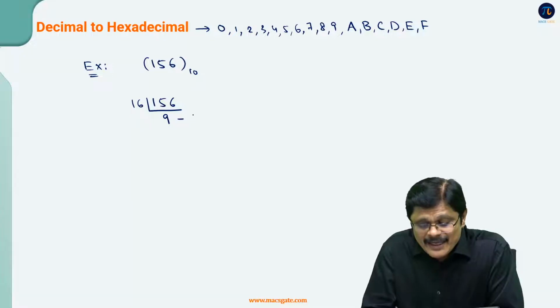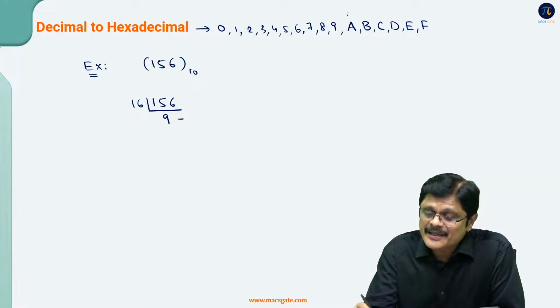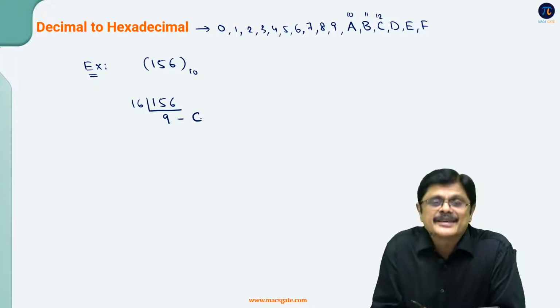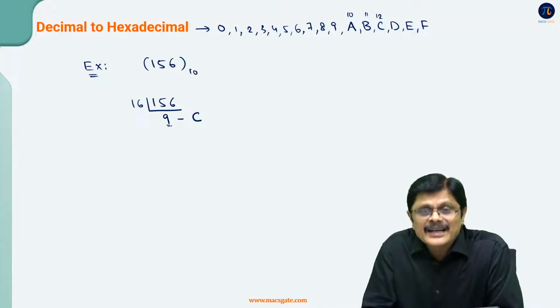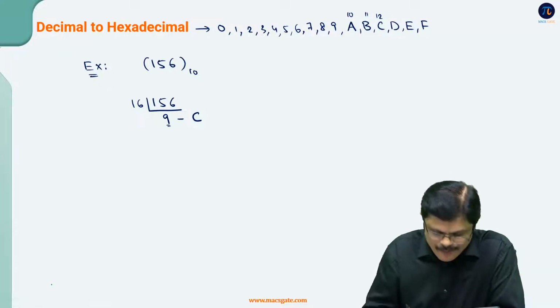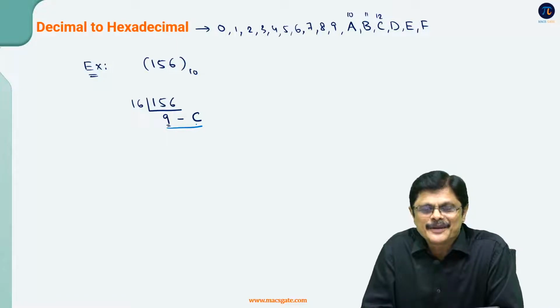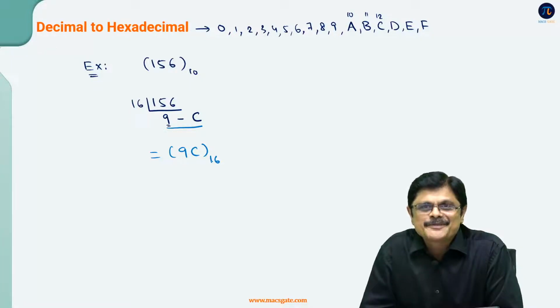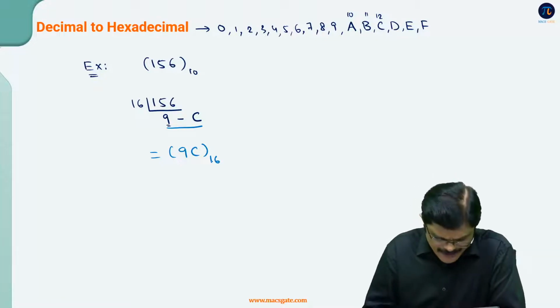This remainder 12 is C. It is already less than 16, so done. So, 9C is the number. The equivalent hexadecimal is 9C, my dear friends, base 16. Hope you understand.